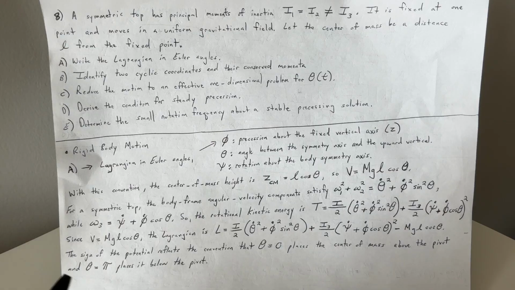So since V equals mgL cosine theta, the Lagrangian is L equals I over 2 times the quantity theta dot squared plus phi dot squared sine squared theta, plus I sub 3 over 2 times the quantity psi dot plus phi dot cosine theta, squared, minus mgL cosine theta. So the sign of the potential reflects the convention that theta equals 0 places the center of mass above the pivot, and theta equals pi places it below the pivot.